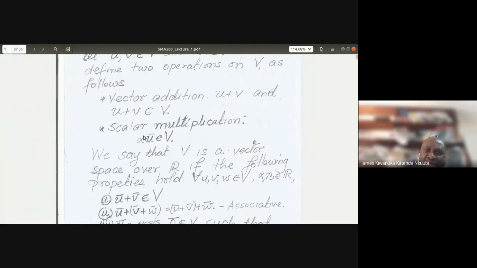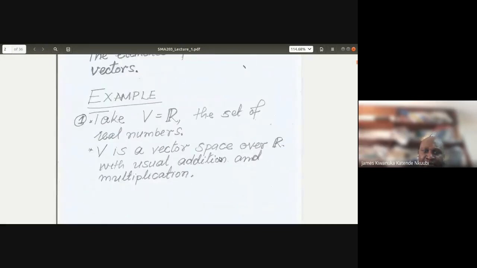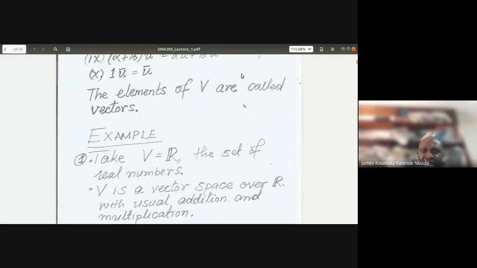Now, since we are picking all the scalars alpha from the real numbers, we will say that it is a vector space over the real numbers R. And the elements of V are called vectors. So any element in a vector space will be called a vector.